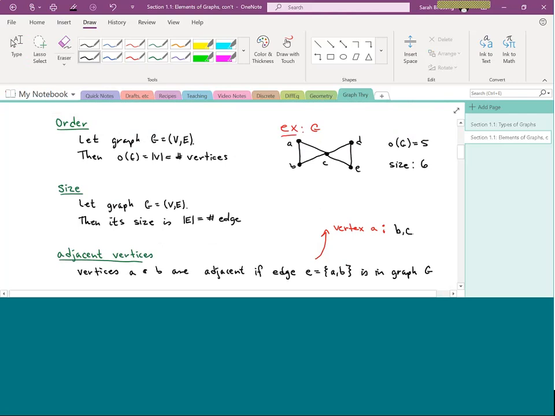And the question is, would graph G translate into 5, 6? And the answer is no. So over here in that notation of your graph where it looks like an ordered pair, the V and the E are sets. The order and the size are the cardinality of the sets, or the number of objects inside of those sets.